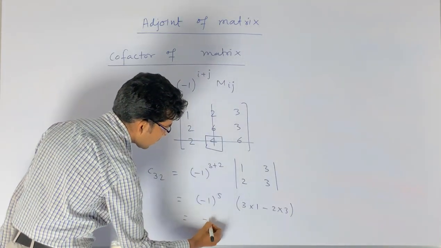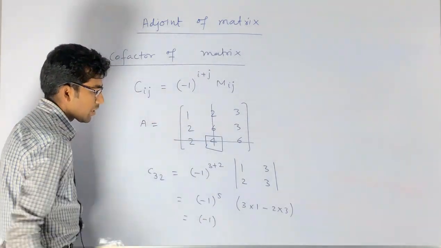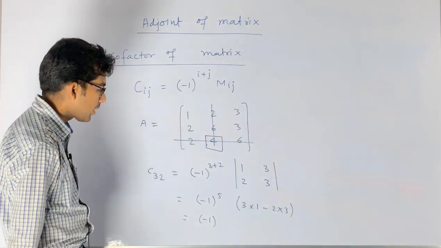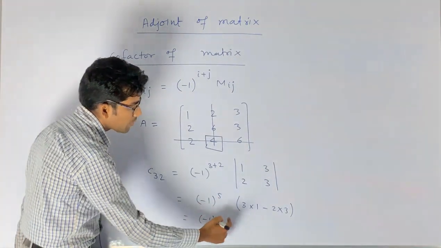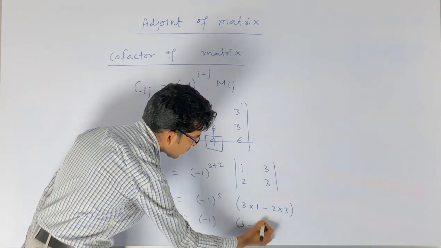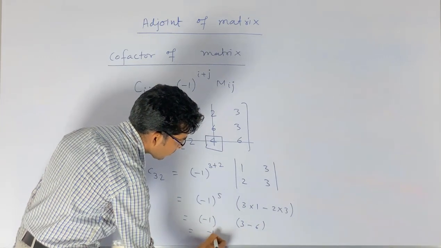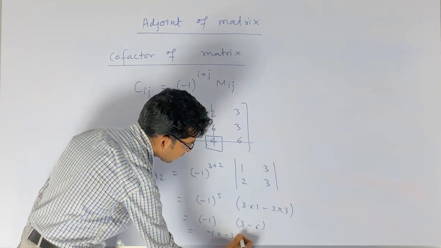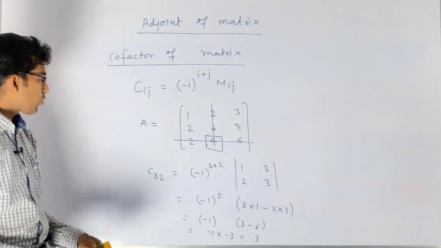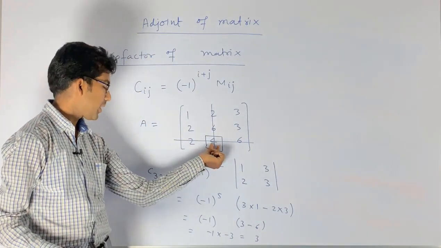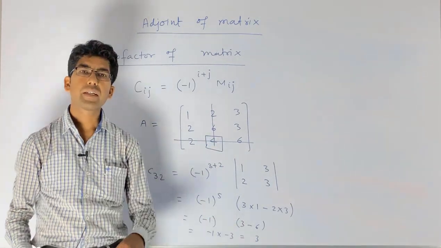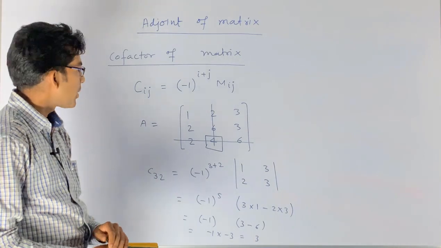So this is minus 1 to the power 5, this is an odd number, so we get minus 1, and this is 3 minus 6. So finally minus 1 into minus 3. So this is equal to 3. So the cofactor for this element is equal to 3. I hope you are getting the point.